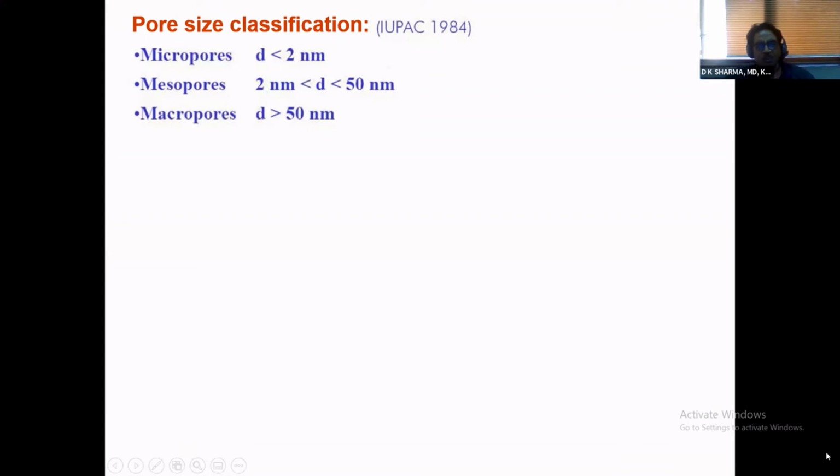Nowadays it is, so you can change this 50 to about, let's say, 500. That was the reason why the mesopore limit ended at around 500 angstrom when this IUPAC classification was done.